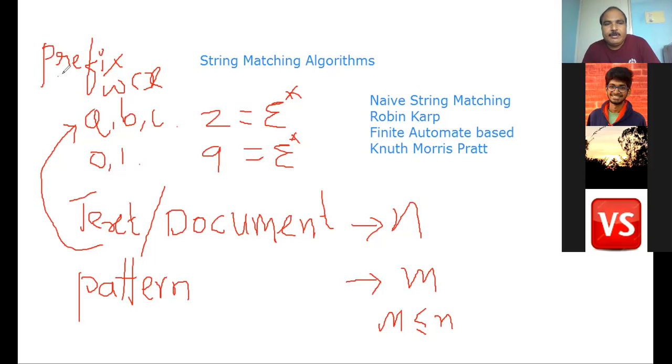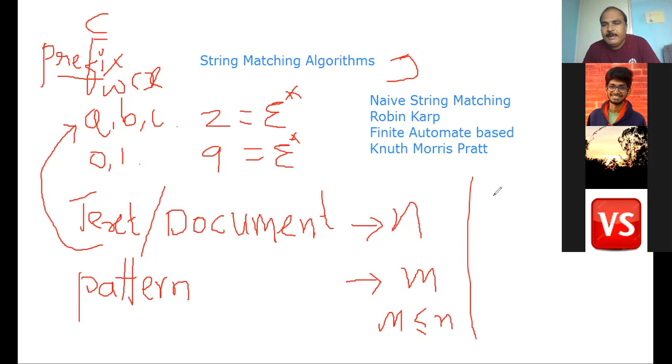In the same way, the suffix is also a subset of the string. The prefix and the suffix are each indicated with their own symbol. Now I'll make a convention.